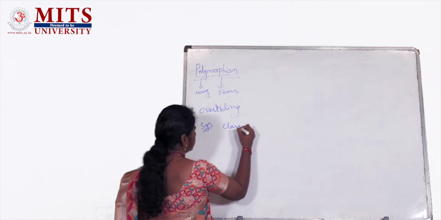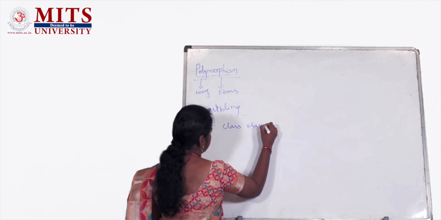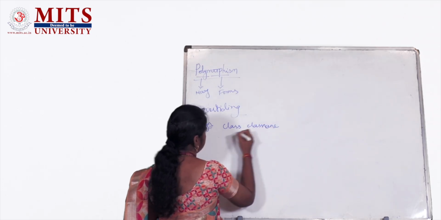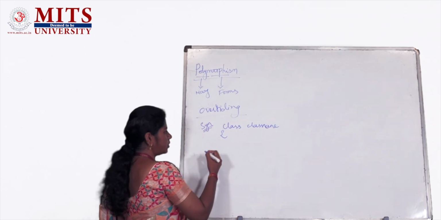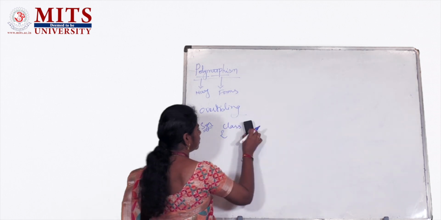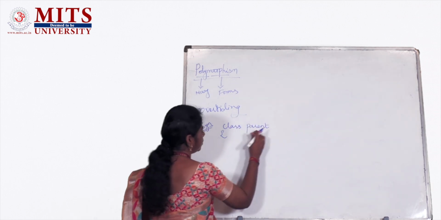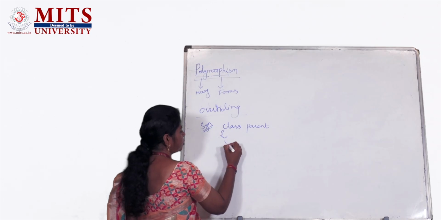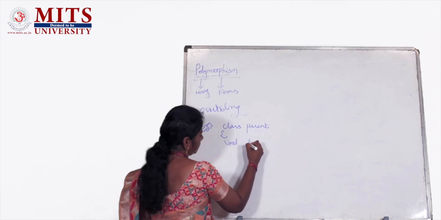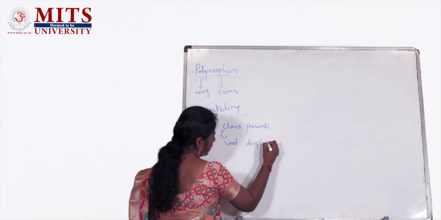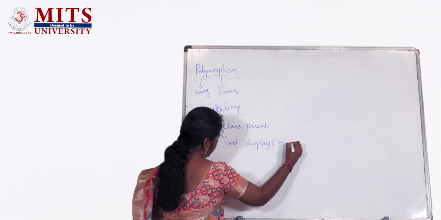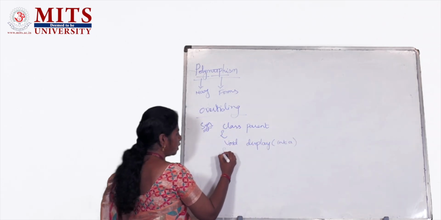Just consider I'm declaring a class, and this is a parent class, so our class name is parent. Next I'm writing a method, int a, declaring it with a variable.